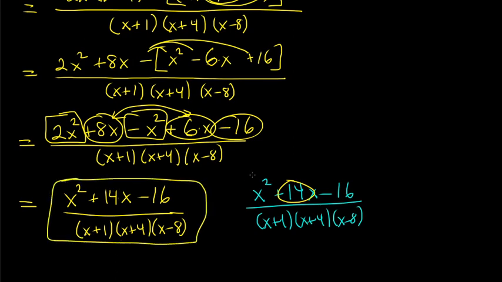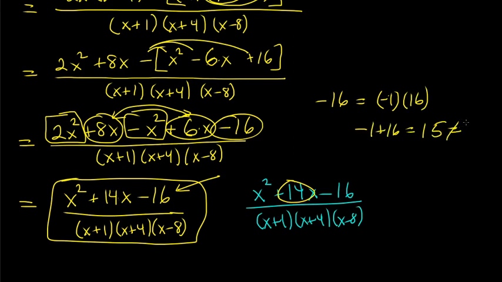Of course, you should also check that the numerator is not factorable. What two numbers multiply to negative 16 and add to 14? There just aren't any. There's negative 1 times 16, but that adds to 15, which is close, but it's not 14. And then negative 2 times 8 is also negative 16, but negative 2 plus 8 is 6.